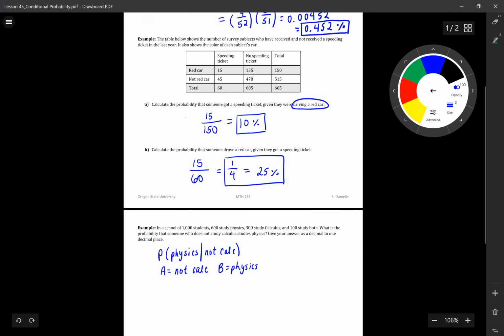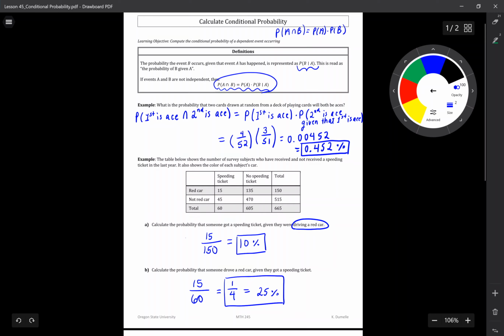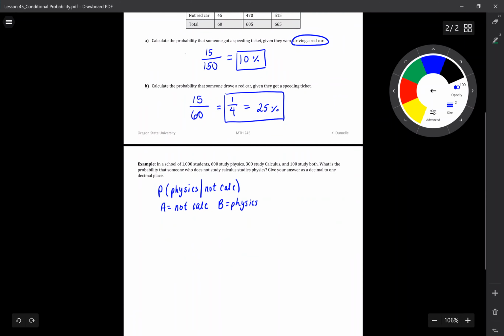So if I look at this equation up here, I get that the probability of A and B is equal to the probability of A times the probability of B given A.